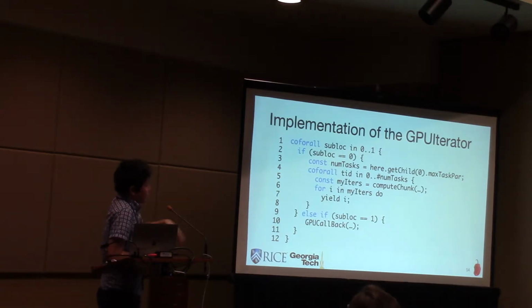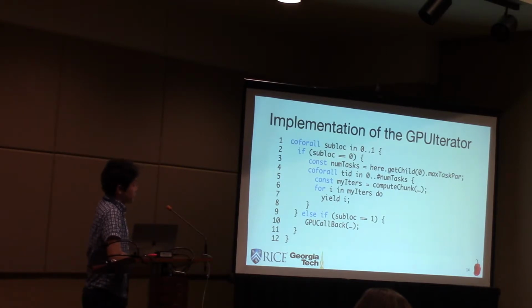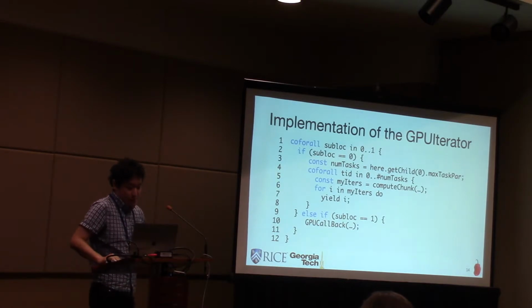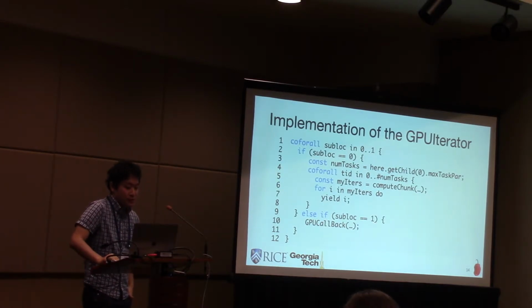You can get the number of tasks from the locale information on line number 3, and after that we create the tasks for each CPU portion. For the GPU portion, so far we only support one GPU, but we can easily extend it to a multiple GPU version. For sub-locale one, which is GPU, we just invoke the callback function given by the users. That's the implementation of the GPUIterator.